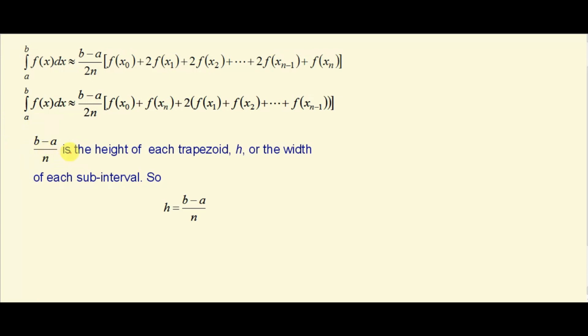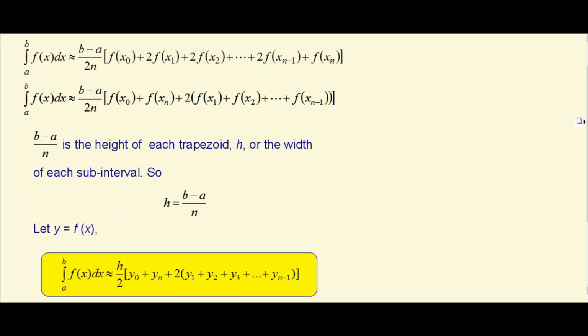We know that b minus a over n is the height of the trapezoid. Here we denote it as h. H is also known as the width of the subinterval. Therefore, h can be written as b minus a over n. And if we let y equal f of x, the formula can be written as h over 2 multiplied by y sub 0 plus y sub n plus 2 times the sum of y sub 1 up to y sub n minus 1.